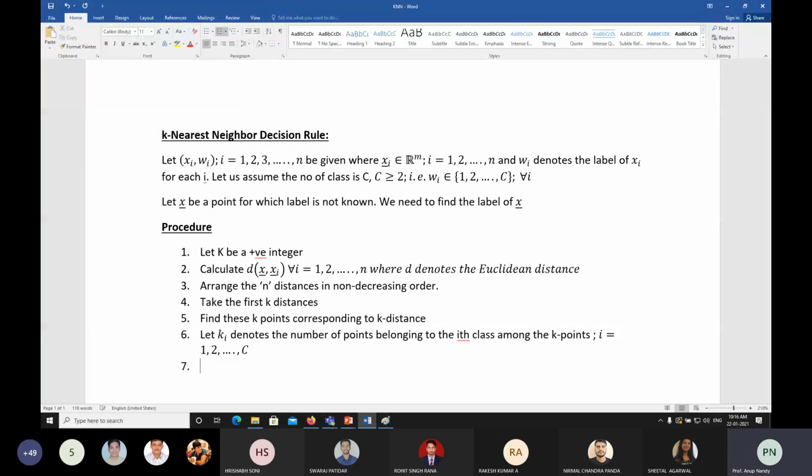Okay, or you can write this way, that ki denotes the number of points belonging to the ith class among the k points.